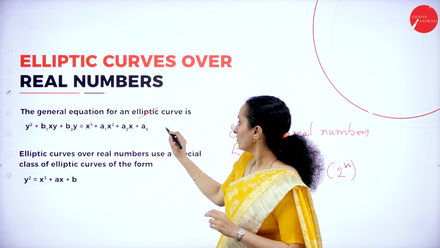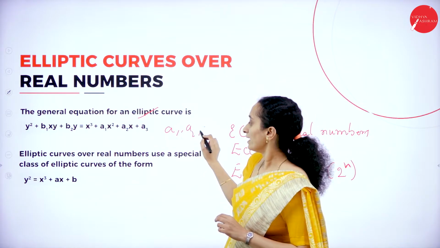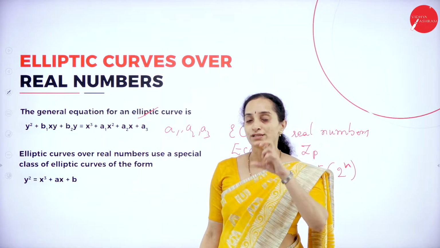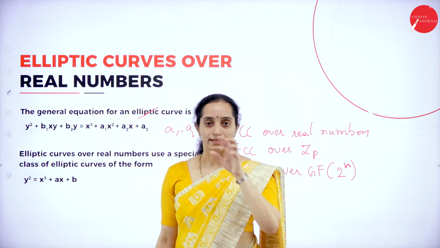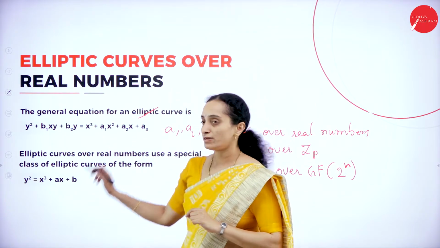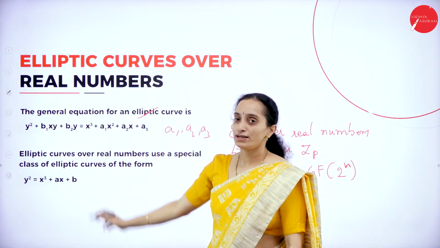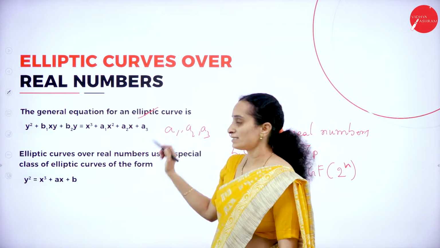If you take a1, a2, a3 as the 3 variables or 3 points on the elliptic curve in the x and y direction, we take the expression x3 plus a1 into x to the power of 2 plus a2 into x plus a3.